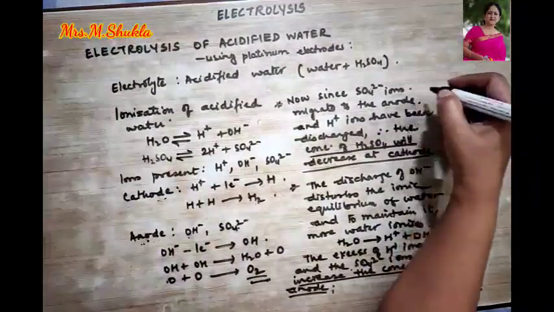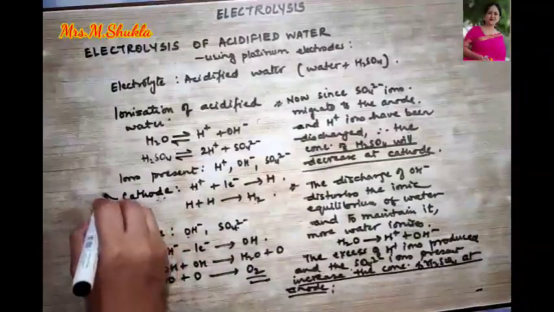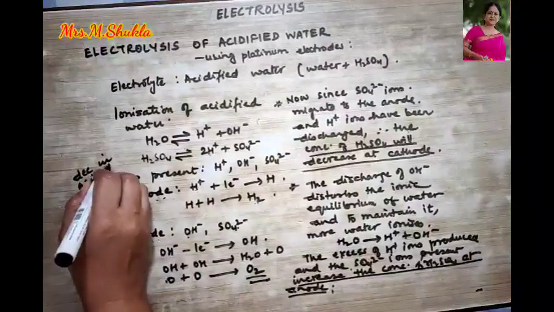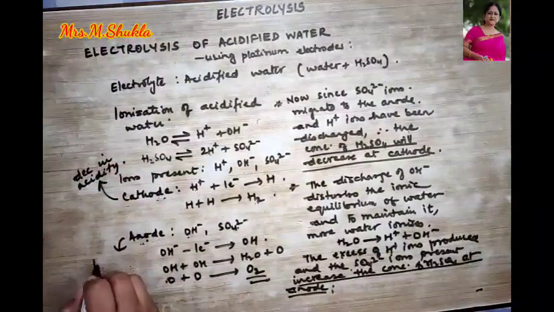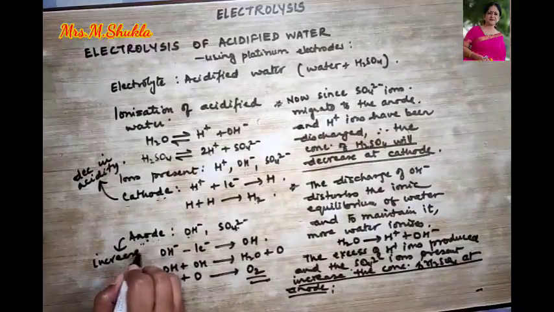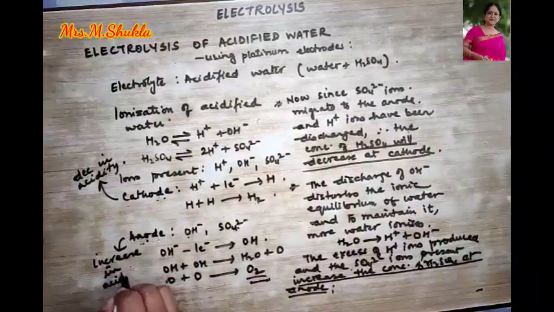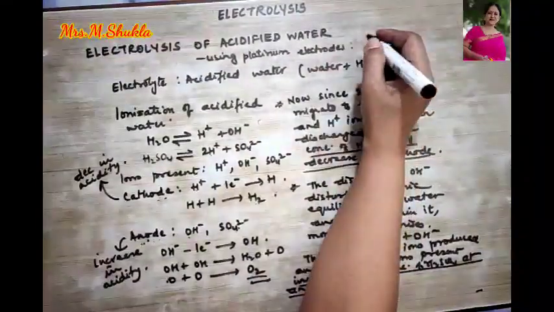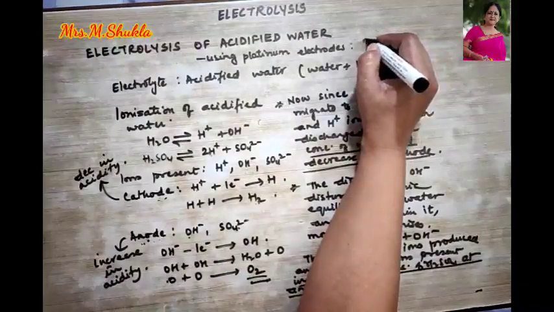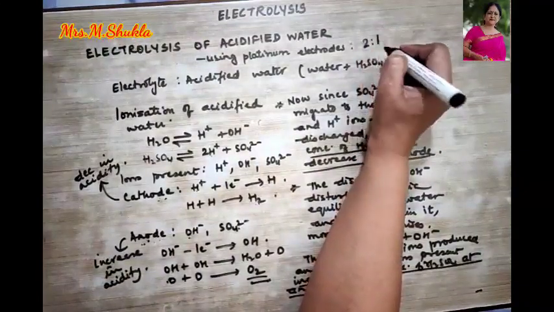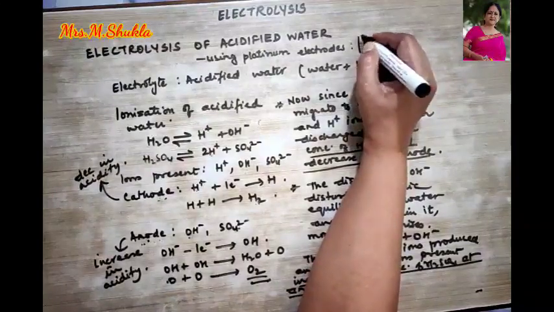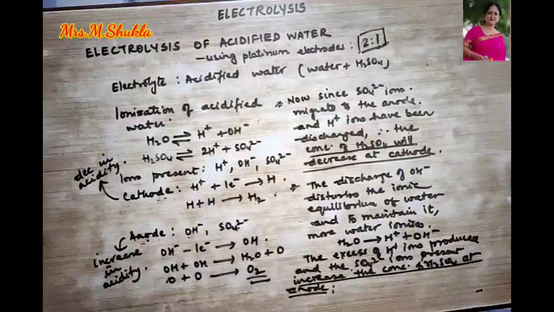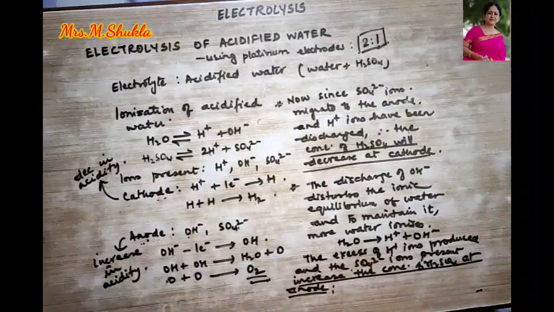There is decrease, let me write down over here, there is decrease in acidity over here and there is increase in acidity over here. Is this point clear? Thus at the end what can we say? That electrolysis of water gives 2 volumes of hydrogen and 1 volume of oxygen. This is what is collected at the end. I hope electrolysis of acidified water is clear now.